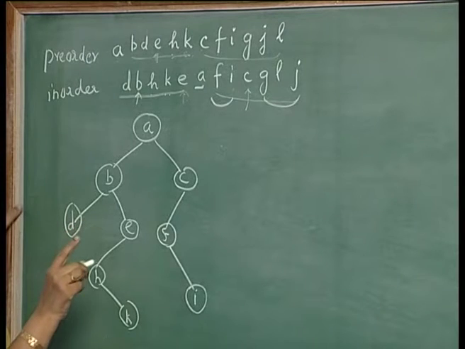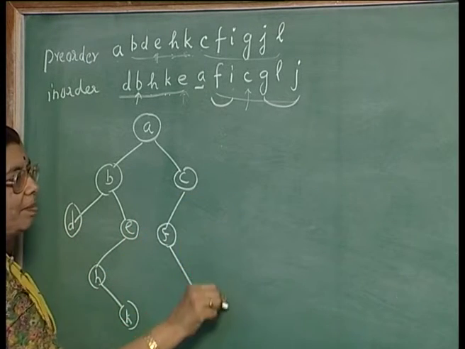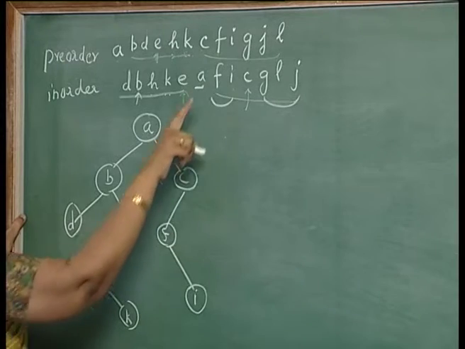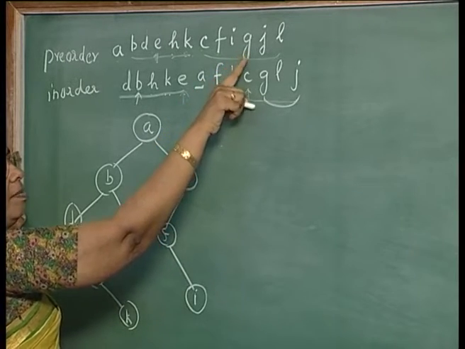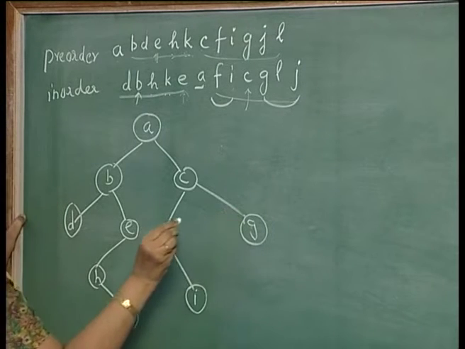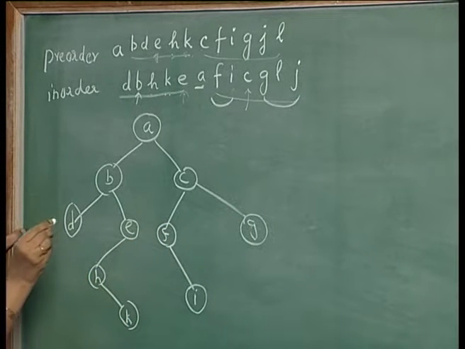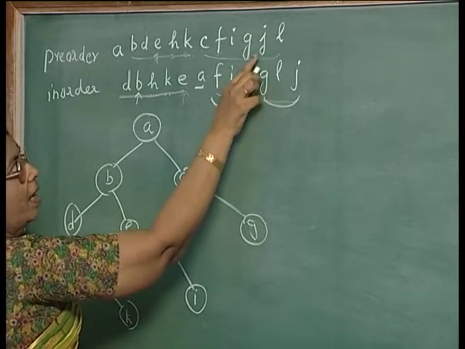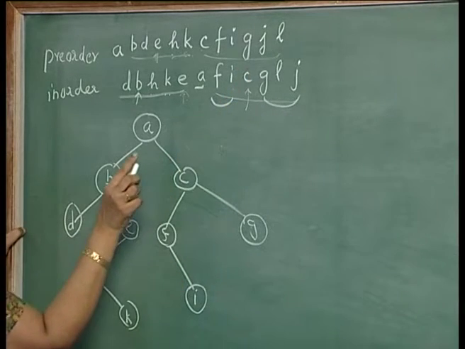Now, G, L, J should occur on the right subtree of this and because G occurs first, it will be the root. So, G will be the root of this tree and L, J will occur at the left or right subtree.